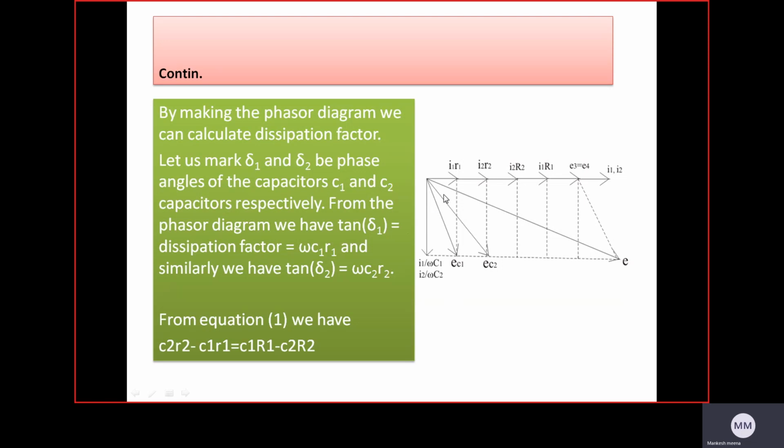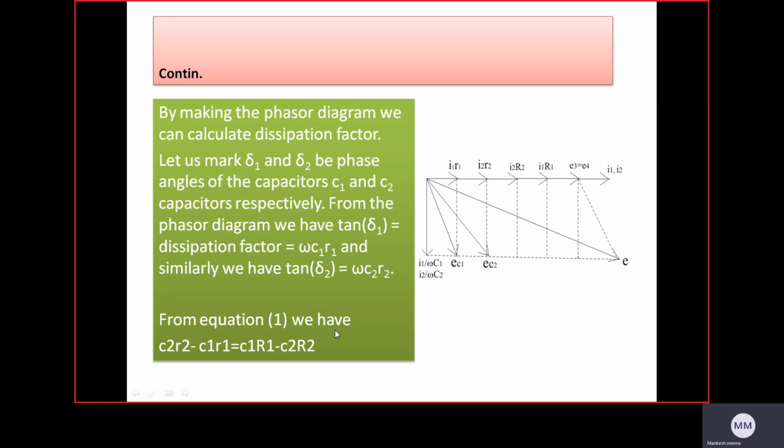Tan delta 1 equals I1 r1 upon I1 upon omega C1. Simplifying this, we get tan delta 1 equal to omega C1 r1. Similarly, tan delta 2 equals omega C2 r2.